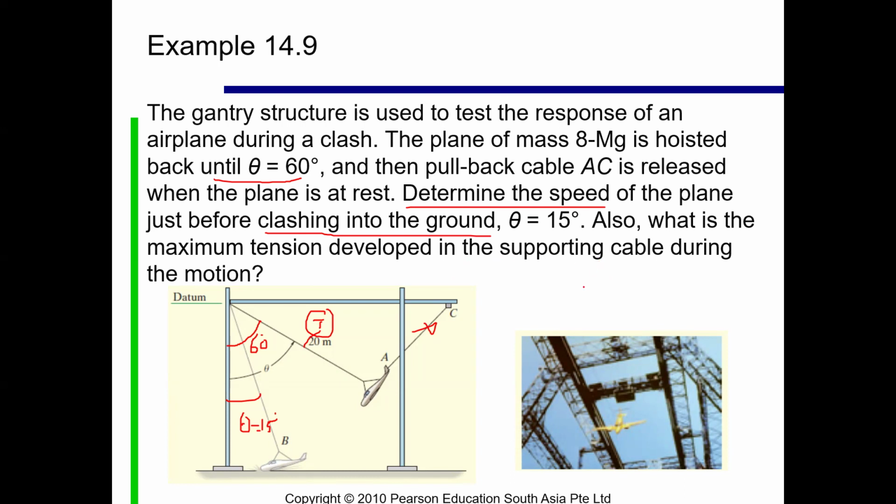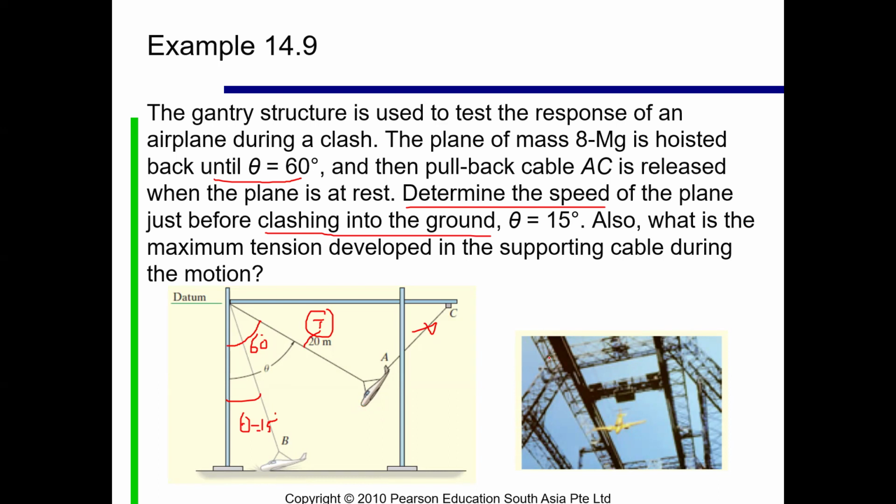Students, one thing you need to understand: what type of motion is this? You have analyzed rectilinear motion, you have analyzed curvilinear motion, right? So what sort of motion is this? Circular. This is circular or curvilinear, right? And in curvilinear motion, we have taken x, y rectilinear coordinates, and we have also taken tangential and normal coordinates.